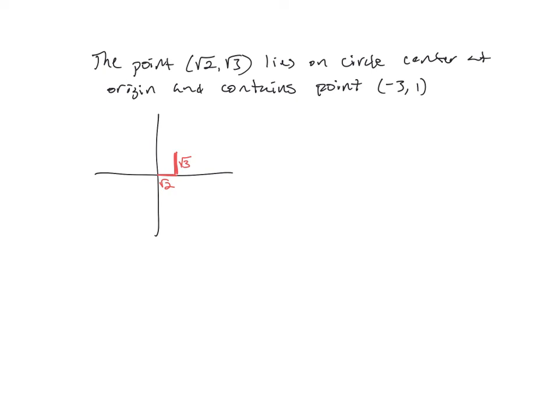It's more than 1, it's less than 2. Square root of 4 is 2. Square root of 1 is 1. So it's in between 1 and 2. But I really don't need to know that, because that's the A and the B part for the Pythagorean theorem. So if I do square root of 2 squared plus square root of 3 squared, remember a square and a square root cancel each other out.